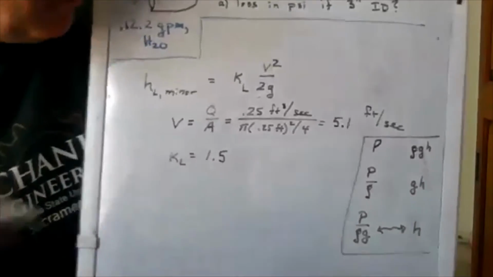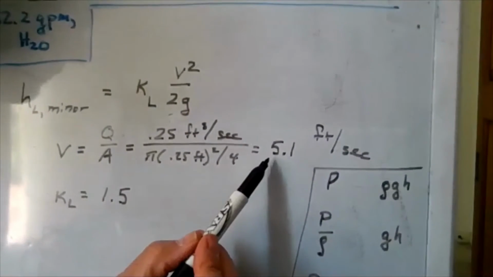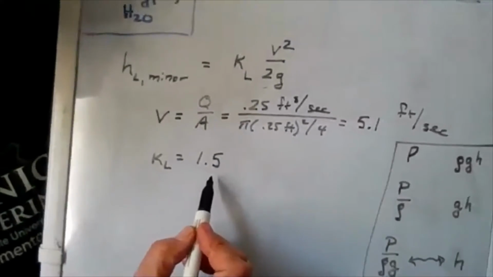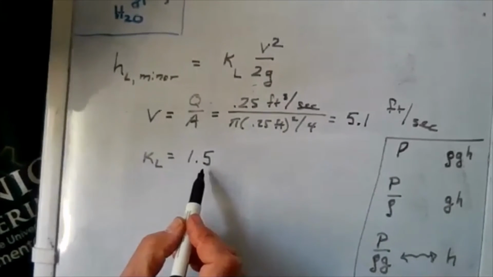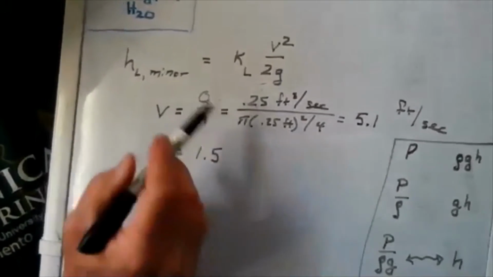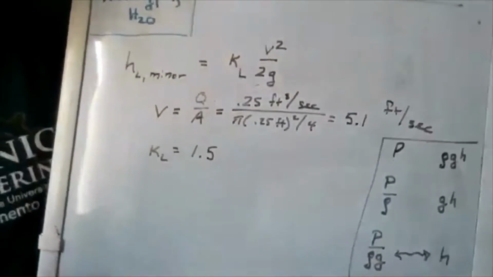I ended up getting that the speed is 5.1 feet per second. So that water's moving pretty good as it enters that elbow. The K_L I got from one of those tables in chapter 8. We'll ask you to use a couple of those tables on test 3, and then let's put it all together. So the minor loss is going to be K_L V squared over 2G.